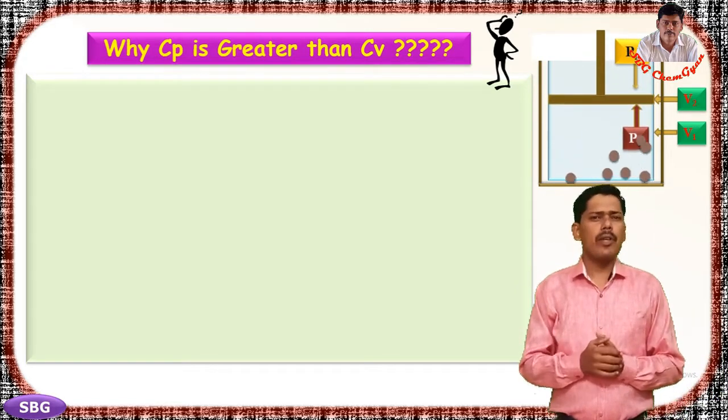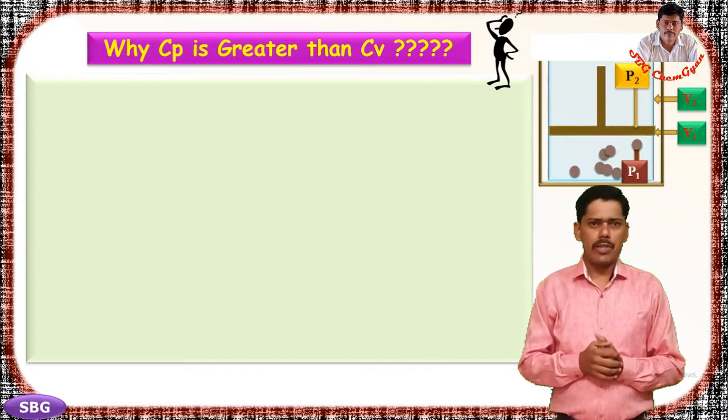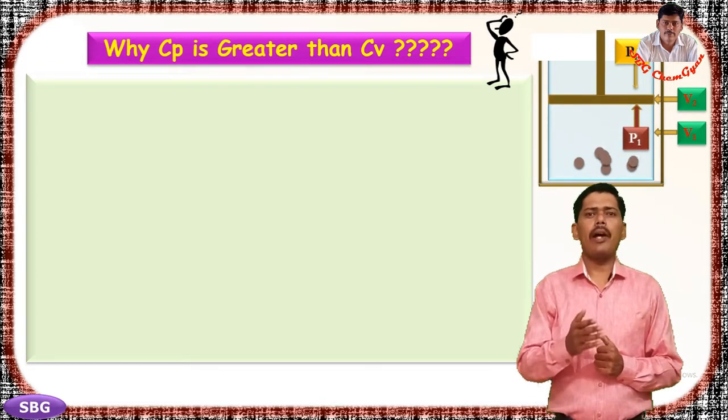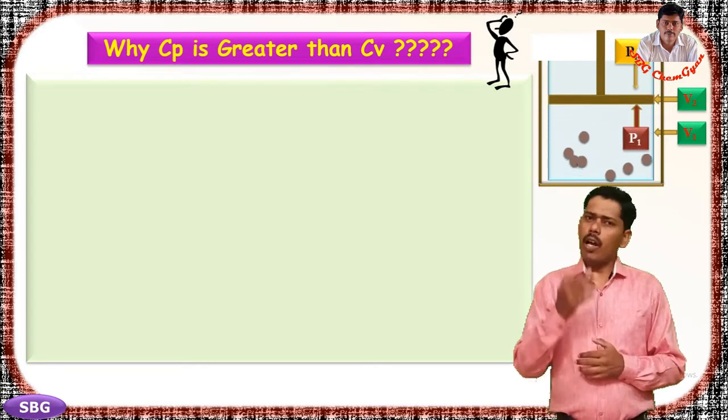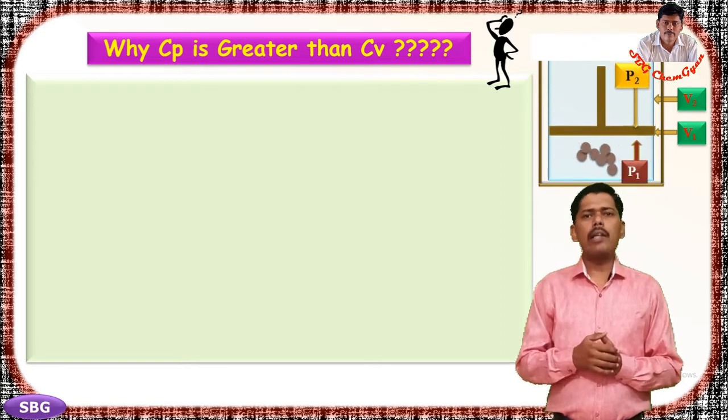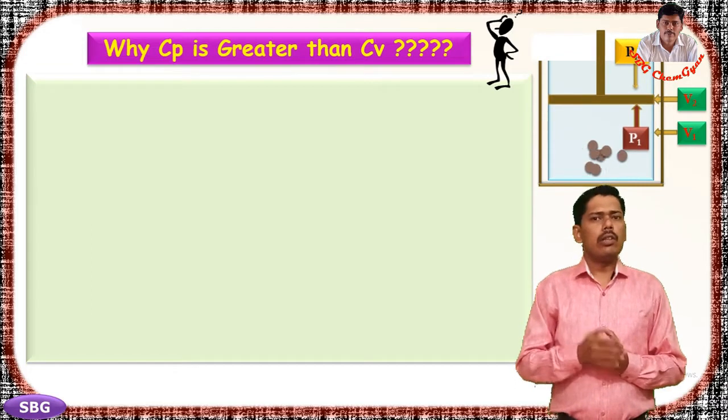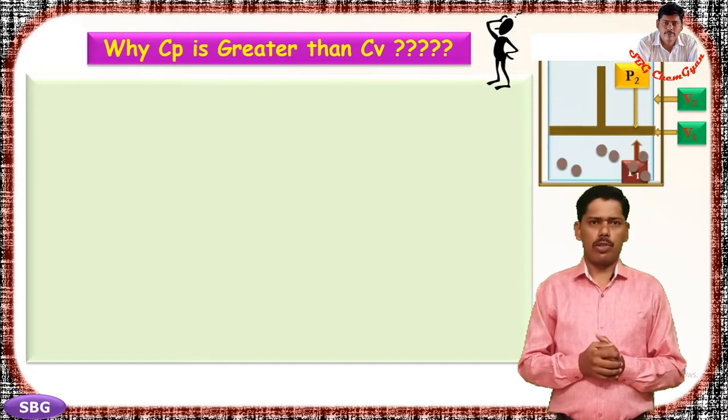P2 is the external pressure applied on the piston. P1 is the pressure applied on the piston by the gas or system. V1 and V2 are the initial and final volume of the gas.